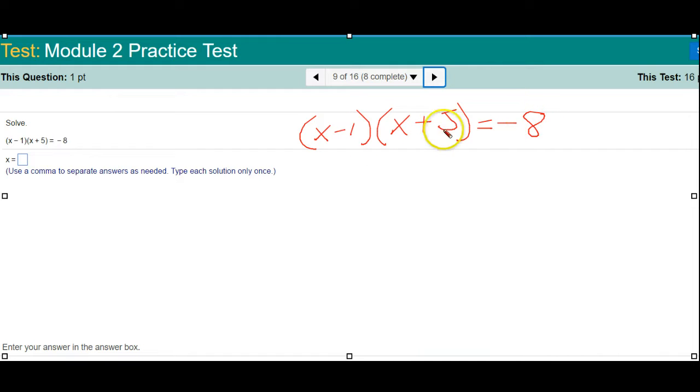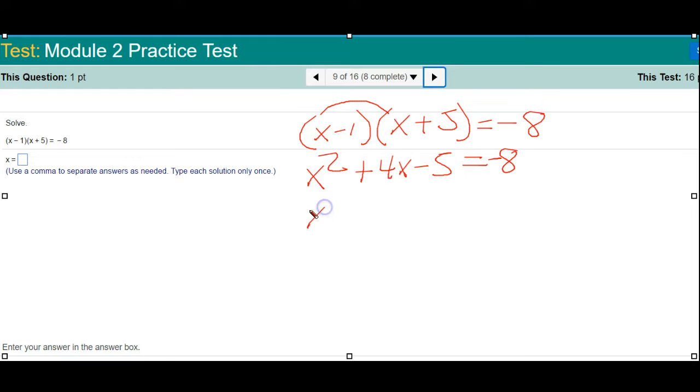Well, we have to first FOIL this and get x squared. Now my outers are 5x, my inners a negative 1x, so this is going to be a positive 4x, and my last are a negative 5 equals 8. Now I have to integrate this 8 onto this side.